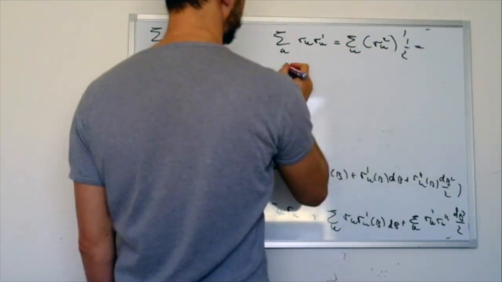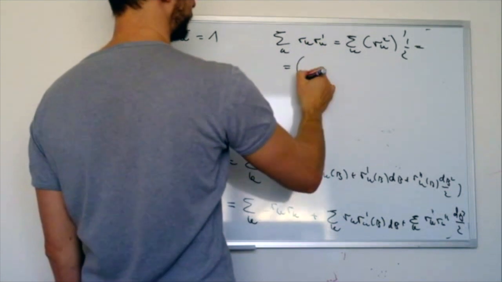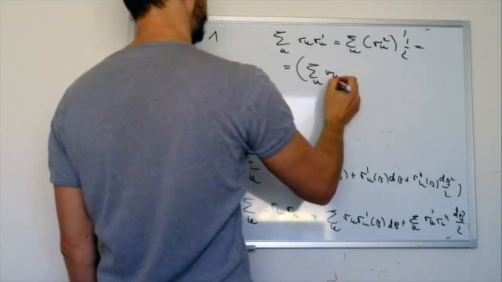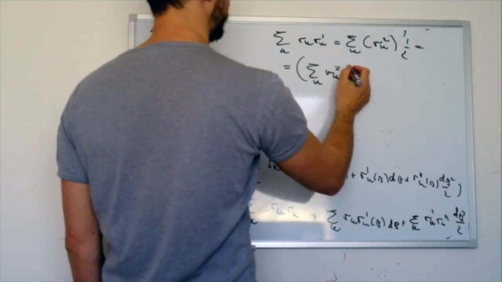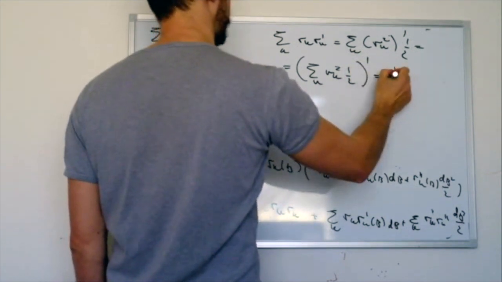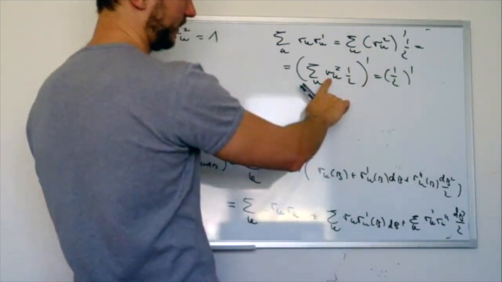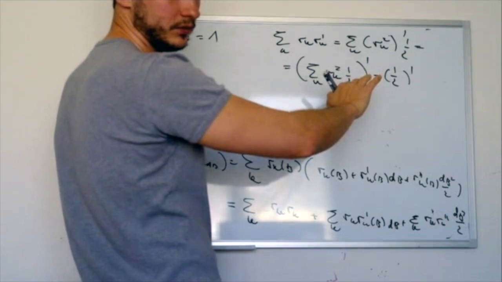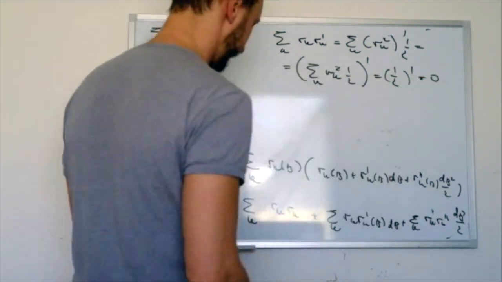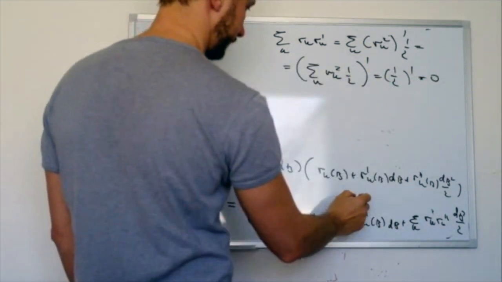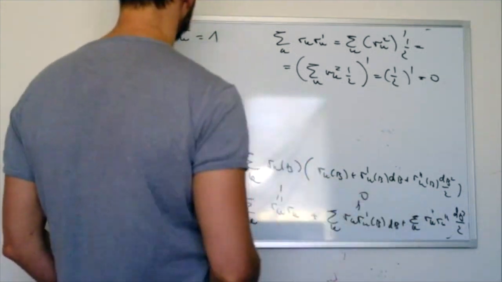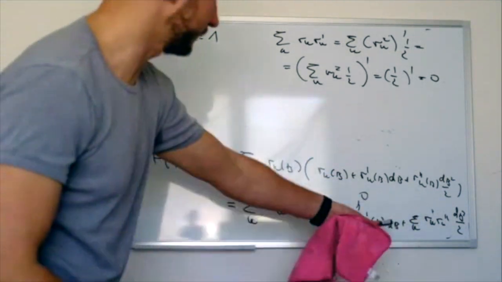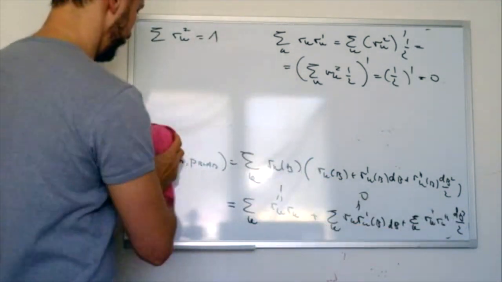So you can put the derivative outside: this is 1/2 times the derivative of the sum over k of rk squared. This sum is always equal to 1, so the derivative is 0 because it is normalized. So this is 1, this is 0. We're just left with the last term. This is the one we care about.